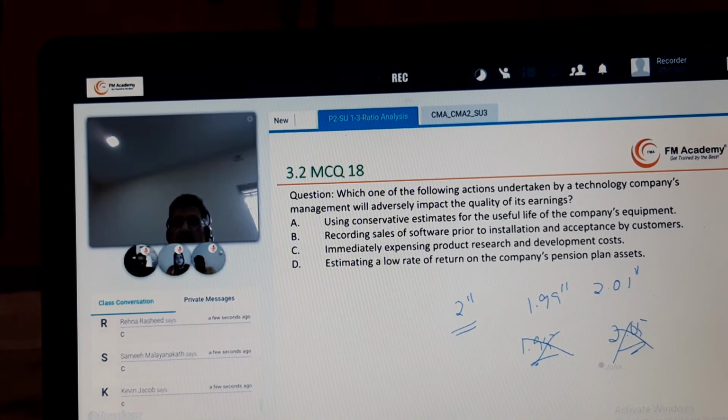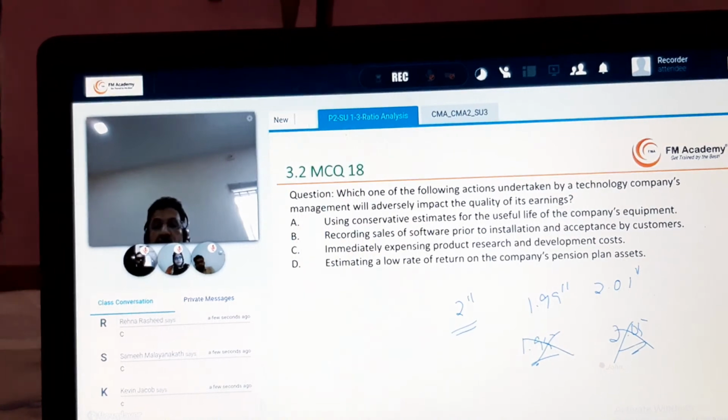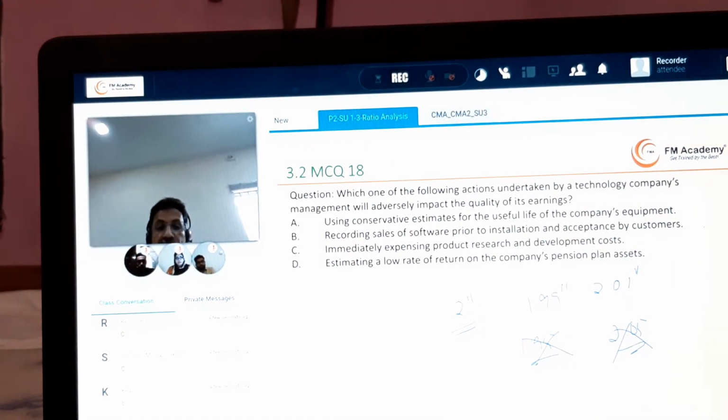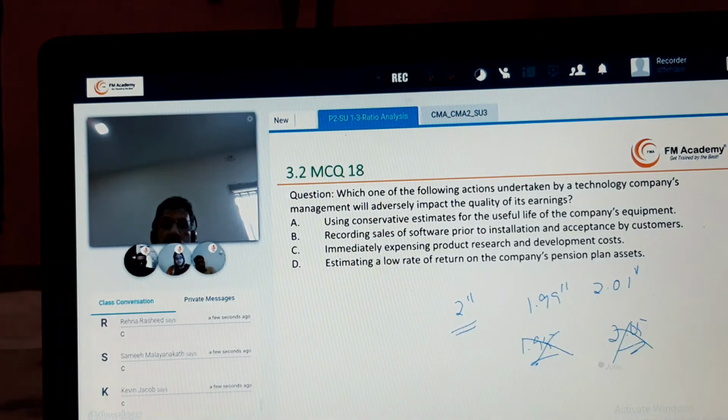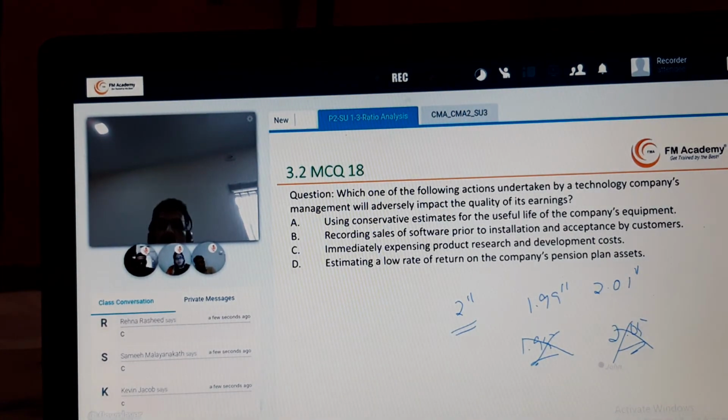So which one of the following actions undertaken by technology company's management will adversely impact the quality of its earnings? Using conservative, okay. But I told you, when you are trying to manufacture a 2-inch screw, a 1.99 or 1.95 inch screw also will not suit your purpose, and 2.05 also will not suit your purpose, right?